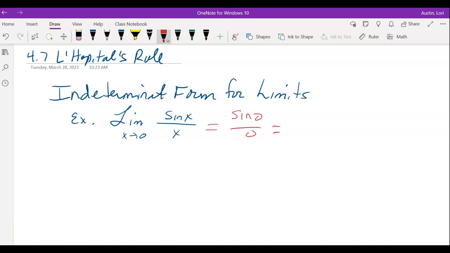Yeah, I know, dividing by 0, but keep going for 1 second with me. What is sine of 0, everybody? Just picture your sine curve. It goes right through the origin. So what's sine of 0? This is indeterminate. That is considered an indeterminate form.